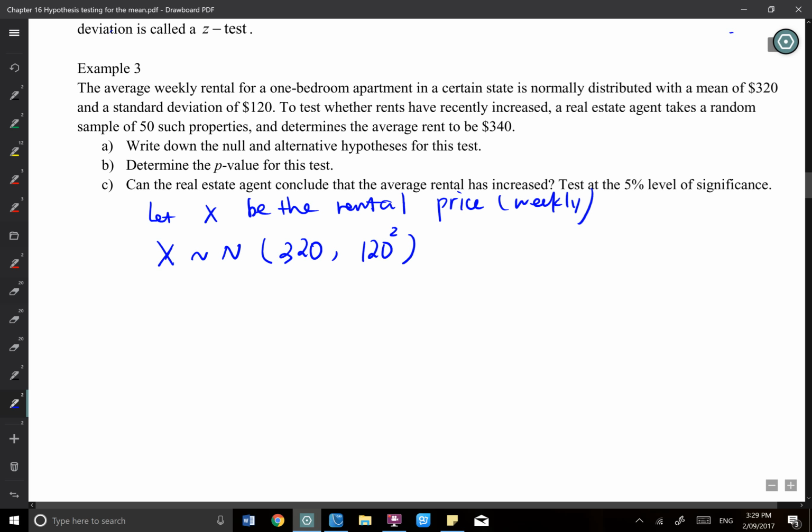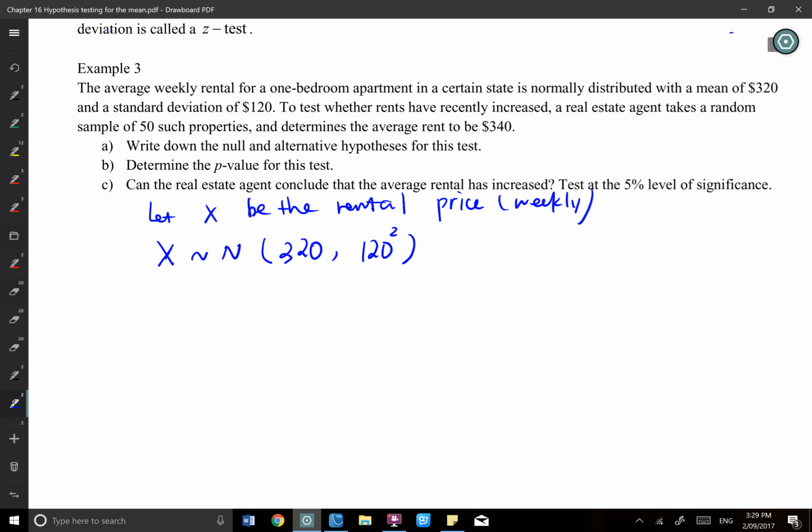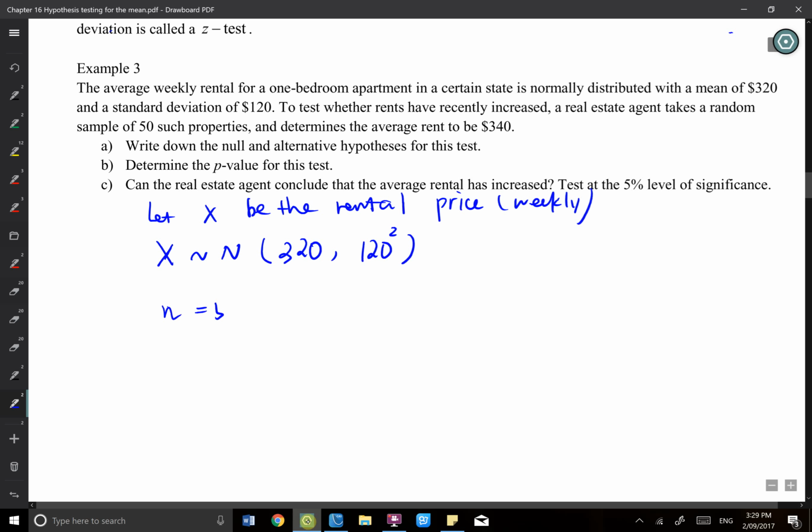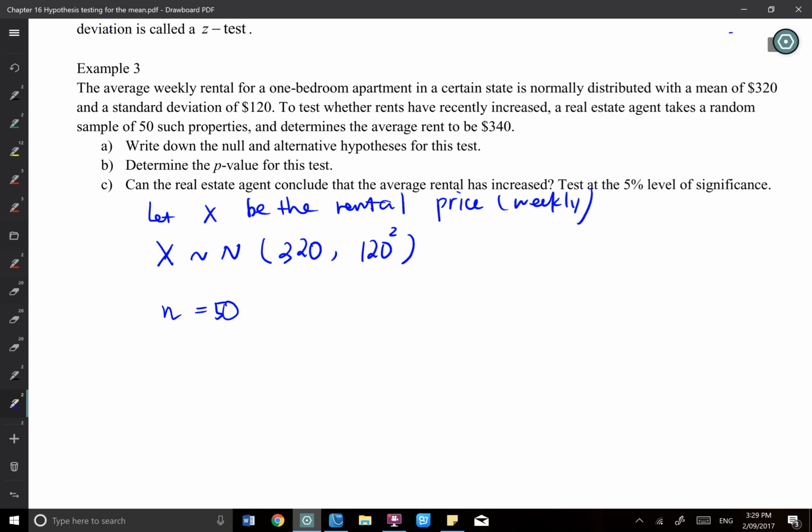To test whether rents have recently increased, a real estate agent takes a random sample of n equals 15 such properties, and determines the average rent to be 340.